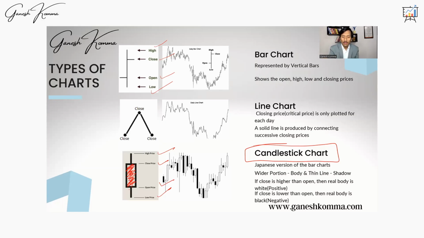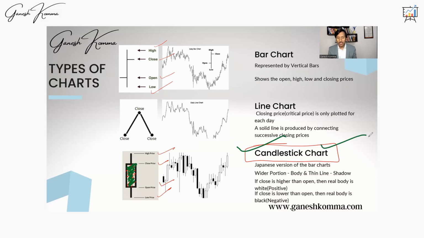Similarly, if on a particular day it is a green candle, that is a positive day. So candlestick gives you a lot of information about the stock apart from opening price, closing price, high price, and low price. Most frequently in all our analysis, we go with the candlestick chart.